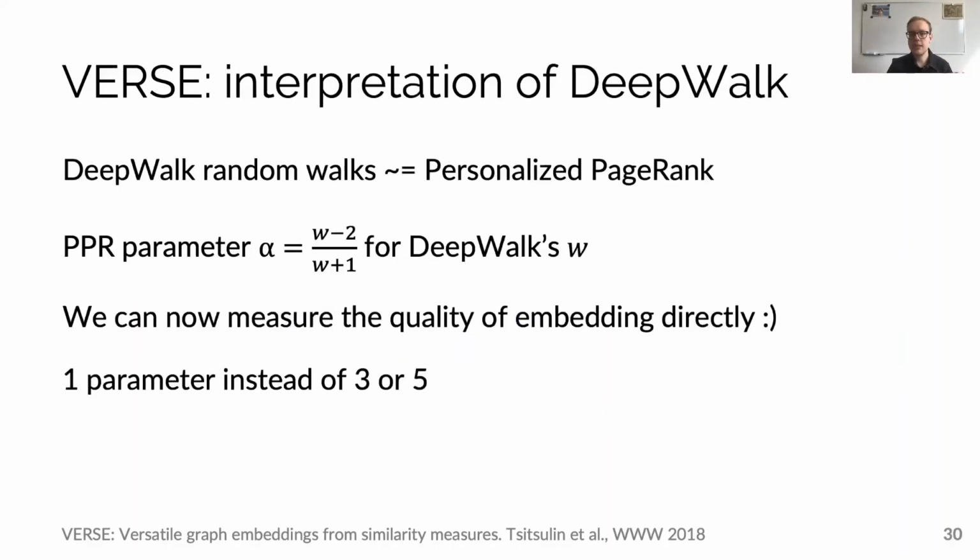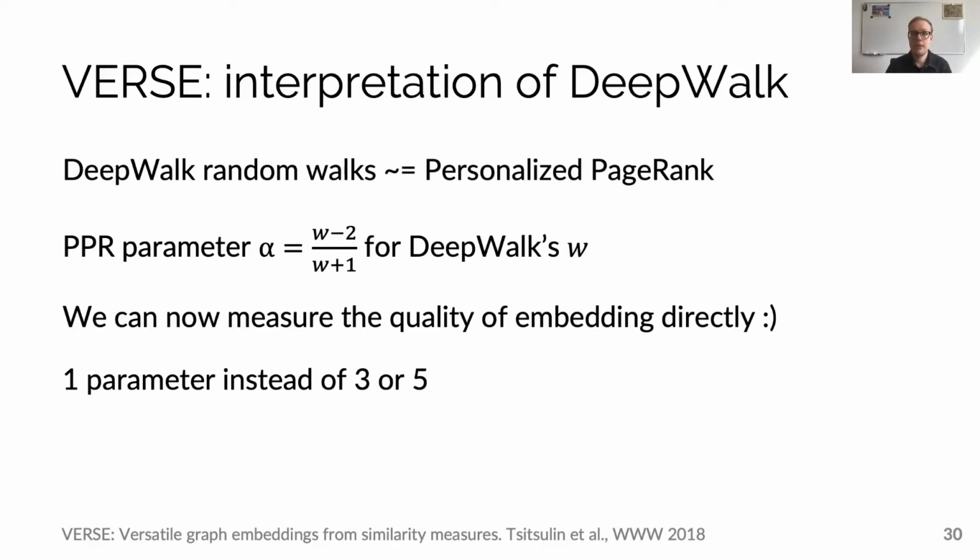Basically, I was able to show that DeepWalk random walks are approximately doing personalized PageRank of the graph. And that's important because personalized PageRank was studied a lot. It's used for scaling up some computations, and we'll later see perhaps how it's used to scale embeddings. And it provides intuition about the parameters.